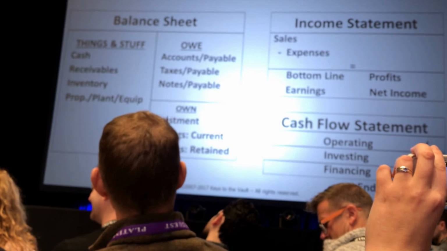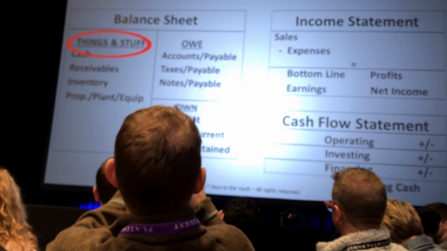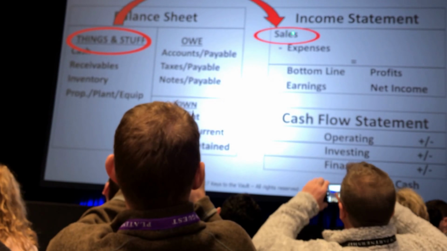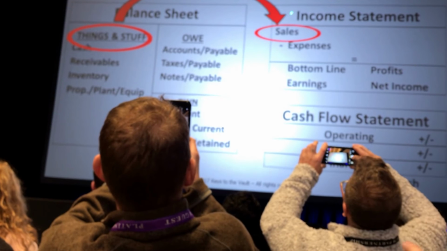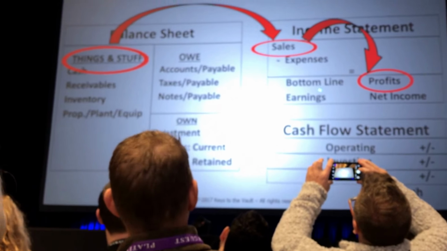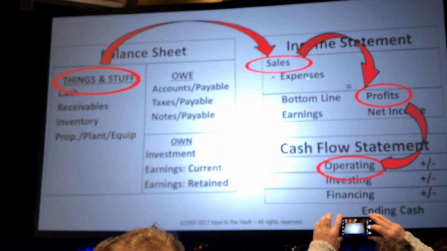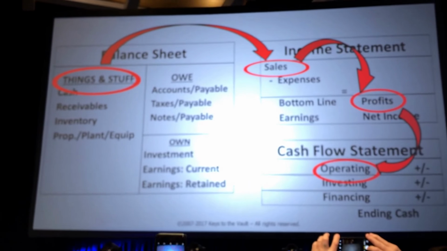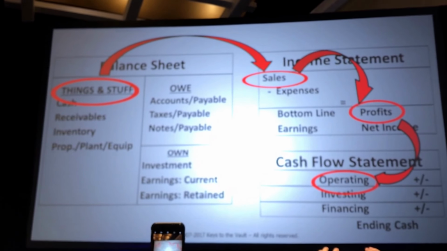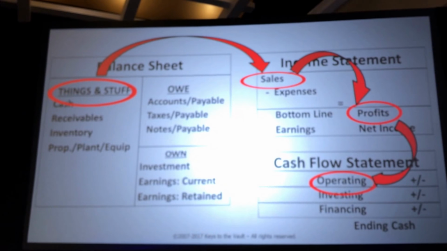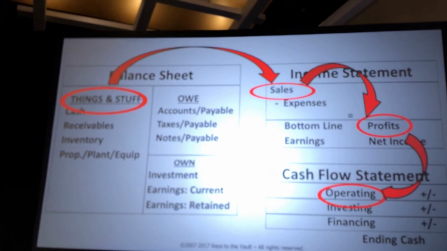Here's what I'm talking about. Assets into sales, sales into earnings, profits, profits into operating cash. Now that one, take a picture of. I gotta have all three dials.